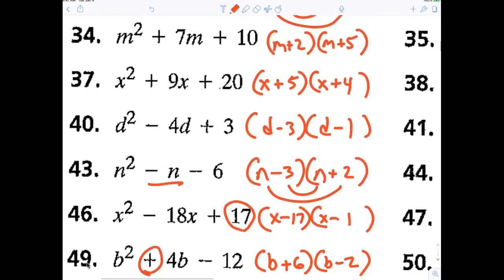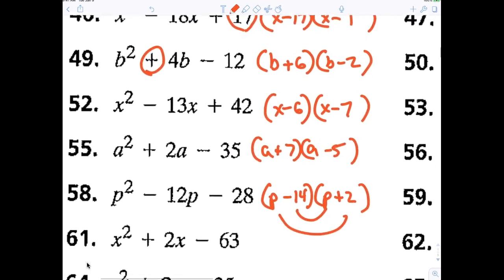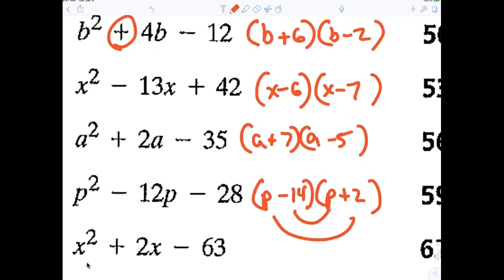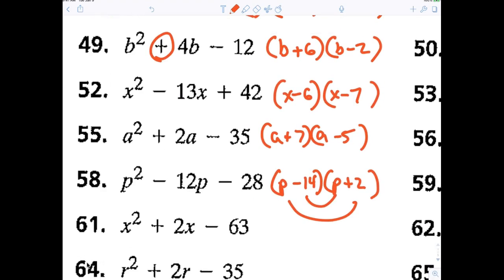For 52? Yeah. Because 6 times 7 is 42, and I want it to be a positive 42, so they're either both positive or both negative. But I want it to be negative 13. So it has to be negative 6, negative 7 makes negative 13.